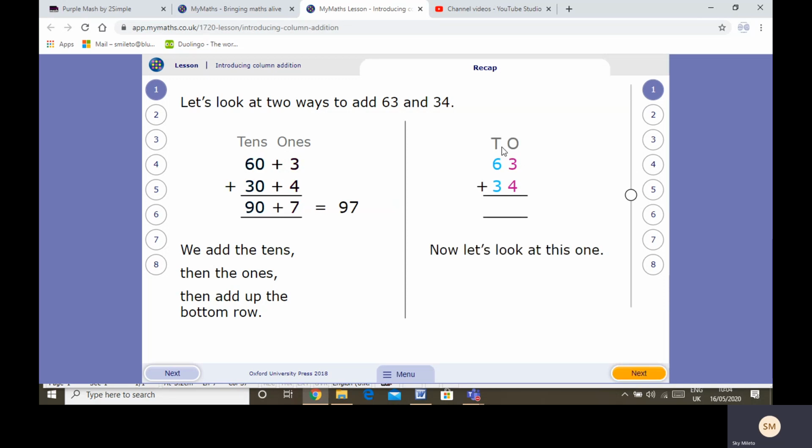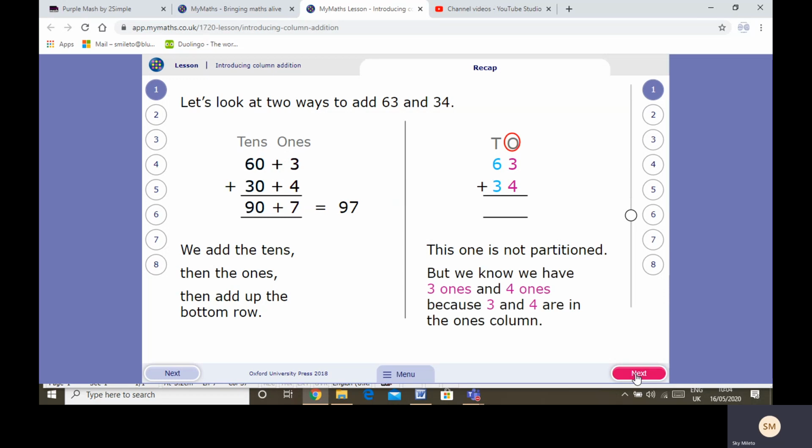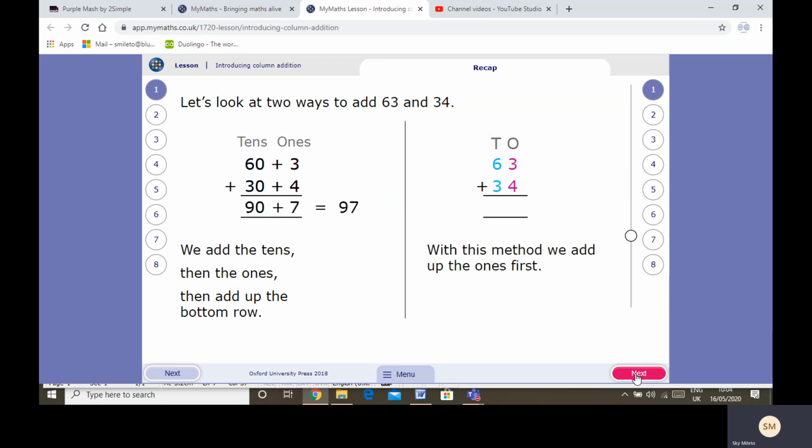Now look at this one. We haven't split the numbers into the tens and ones. We're just representing the tens and the ones using a T and an O. Here, remember, we always start from the ones. We always add from the ones first and then the tens.